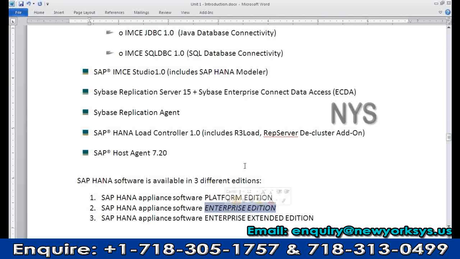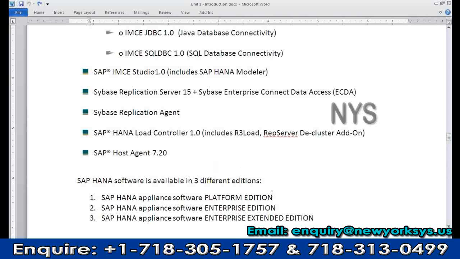Again, those two are in addition to the HANA thing. These are your HANA software editions. So mandatorily in your platform edition, enterprise edition or extended enterprise edition, you are going to have HANA software, all these HANA tools included. The only thing is BODS is the add-on that SAP is trying to package.